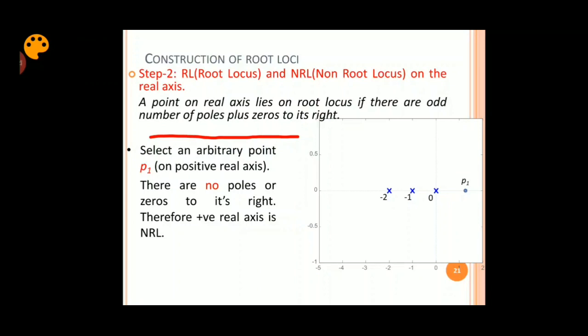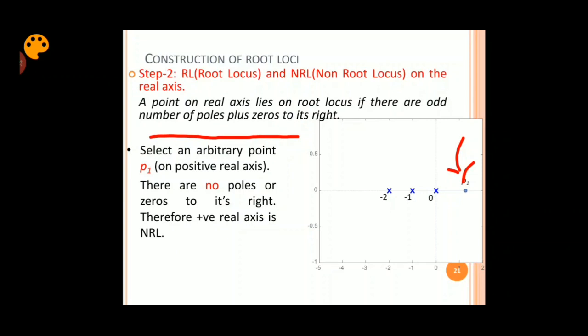So I'm taking the same example where I'm marking an arbitrary point P1 on the right hand side of the real axis. Now what does the rule say? When I select a point, I need to check how many poles or zeros are there to its right.